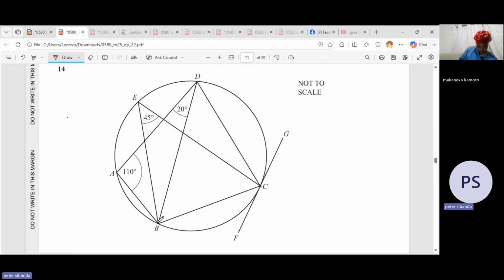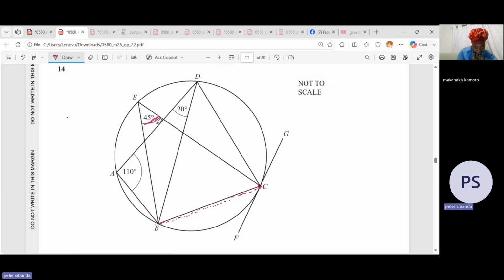I want you to focus on this chord BC. Is it subtending any angle you can see at the circumference? Yes, it's E. And it's actually 45 degrees there.